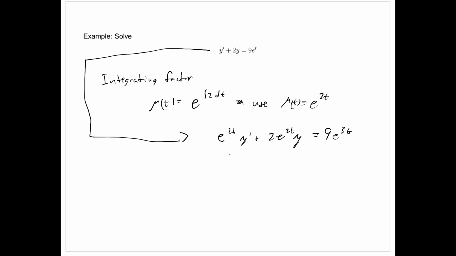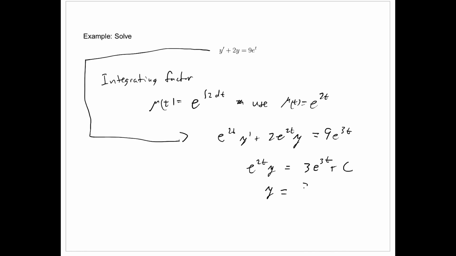Now we integrate both sides, and we see the integral of the left side is exactly e to the 2t times y. The integral of the right side is now just 3 e to the 3t plus a constant c. We put that constant from integrating both sides over here on the right. We then divide by e to the 2t to solve for y.